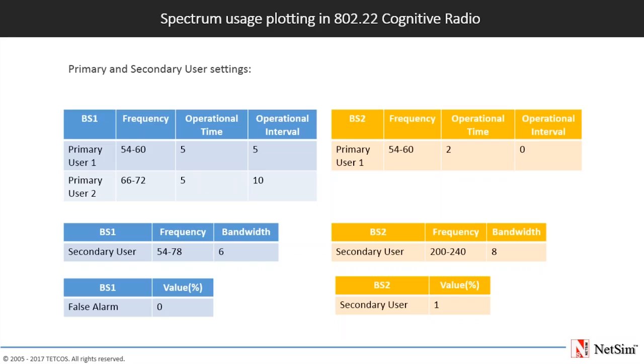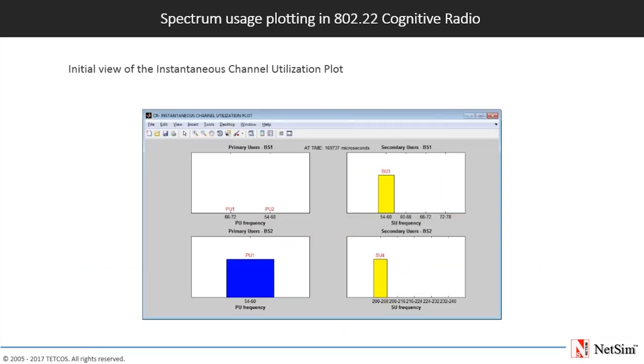That means 1 in 100 times the secondary user by mistake detects a primary user when there isn't any. Obviously a good detection algorithm will ensure that the probability of false alarm is as low as possible, and generally research is being carried out as to how to reduce this further. So in our case we have set this value to 1% in one case and 0% in the other.